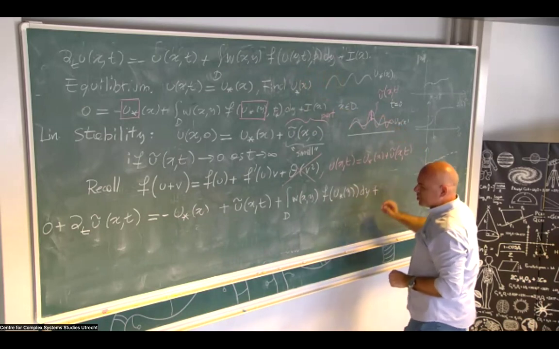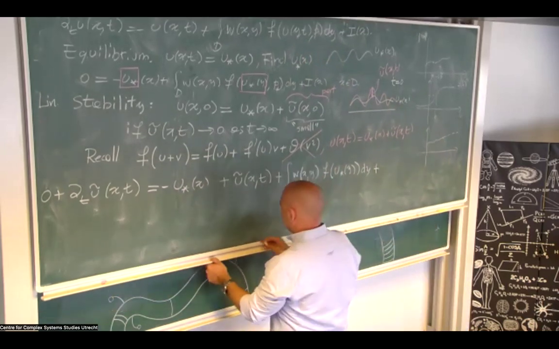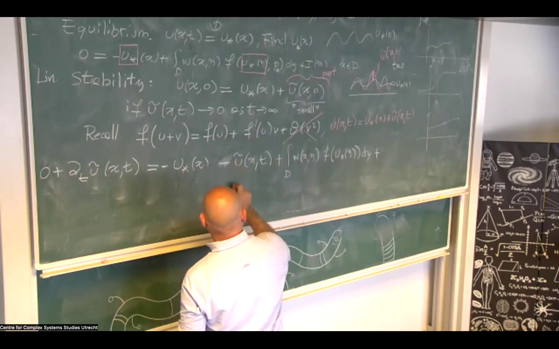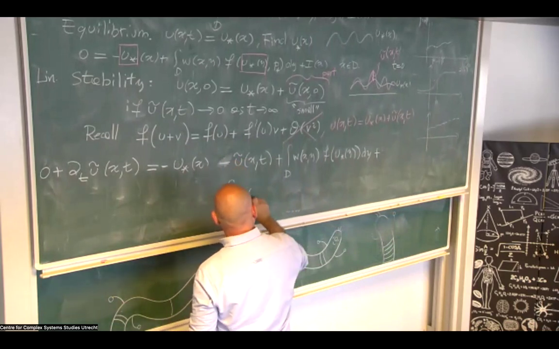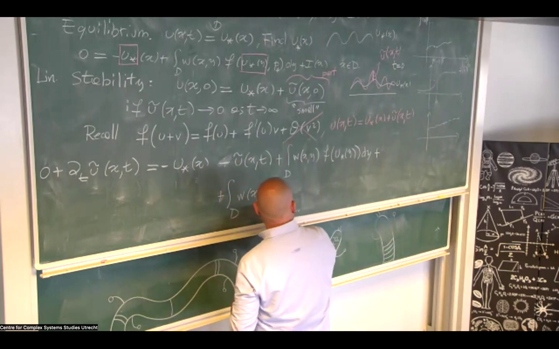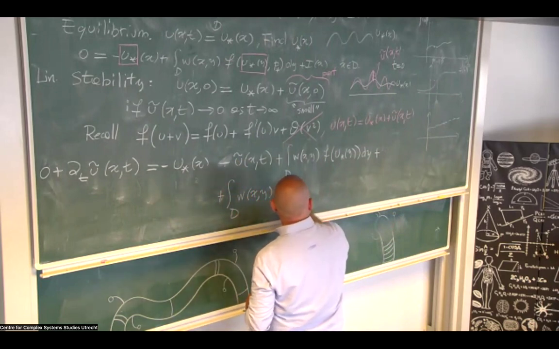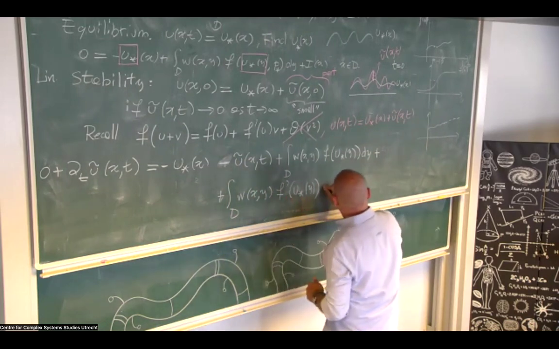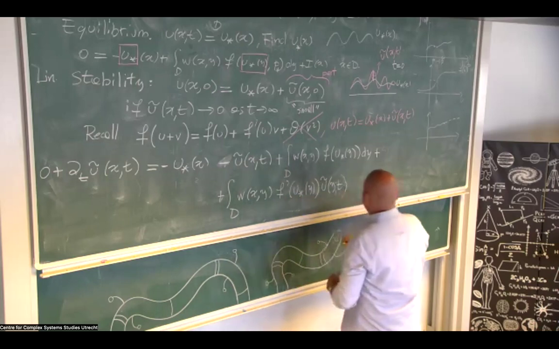There is going to be a second term, which I better write down here because it's hairy. With a minus sign, f prime at u star y, u tilde (y,t) dy.